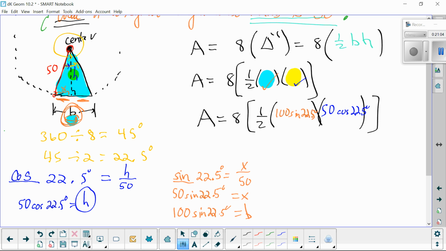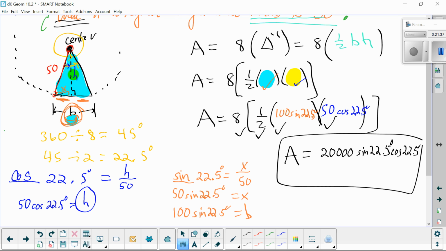We'll do a little bit of simplifying. 8 times 1/2 is 4. 4 times 50 is 200. And 200 times 100 is 20,000. So 20,000 sine of 22.5 degrees, cosine of 22.5 degrees. And there's our answer.